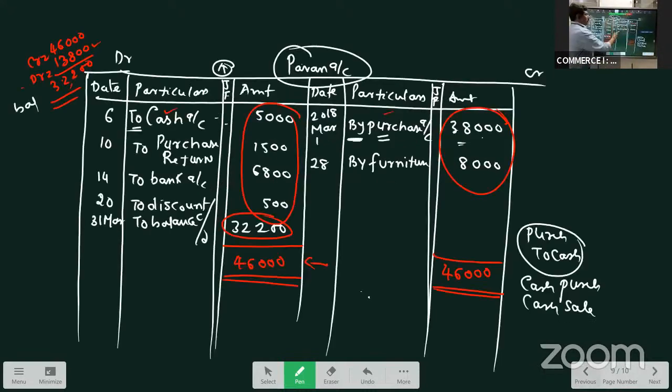In our ledger, which side is heavy? Credit side is heavy. So Pawan account is showing credit balance.